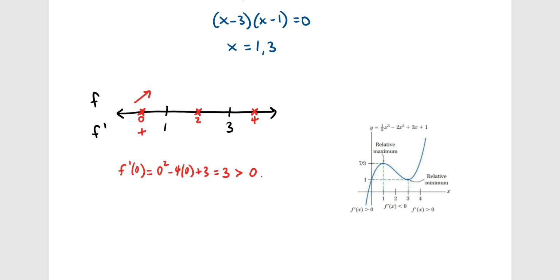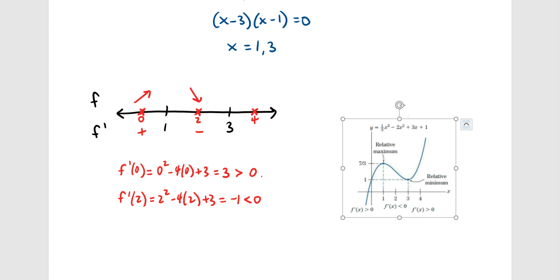Now if we plug in a 2, f prime of 2, that's 2 squared minus 4 times 2 plus 3. That's going to equal 4 minus 8, which is negative 4. Negative 4 plus 3 is negative 1, which is negative. So f of x is decreasing on that interval.